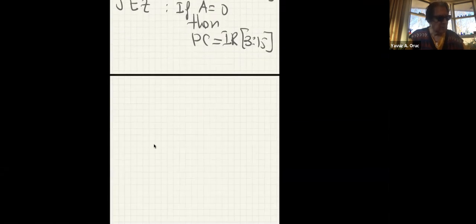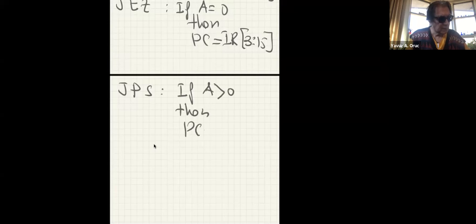And the last one is jump if positive. If A is greater than 0, then PC is equal to IR 3 through 15. That's how you do jump instructions.